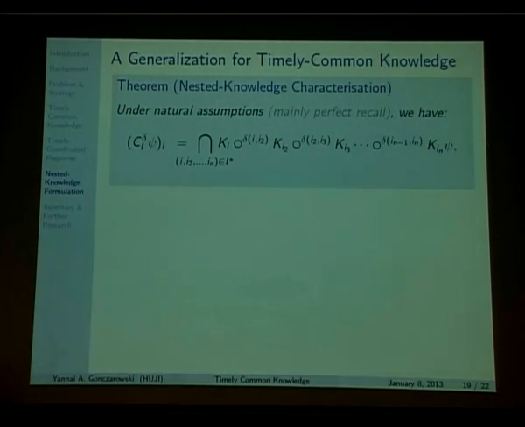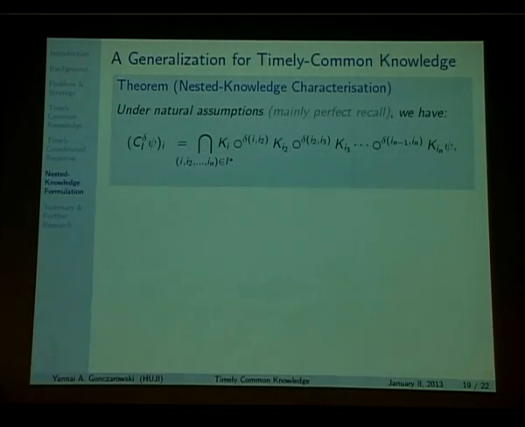Take all of these, and you get the ith coordinate of timely common knowledge. You can actually see that if we plug in delta equals 0 all along, then we actually get exactly common knowledge in all of the coordinates. And we actually said that plugging in delta equals 0 into delta coordination gives us simultaneous coordination. So this shouldn't surprise us.